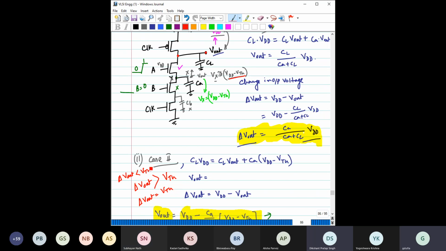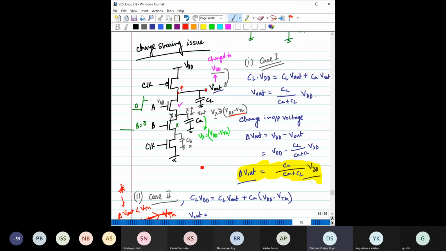Delta V out is less than VTH because if this transistor had not turned off, further charge transfer would have occurred, so this potential would have to be higher than this. This potential is already VDD minus VTH, so the change here means this potential has to be higher than VDD minus VTH. That way, for case 2, delta V out is less than VTH.